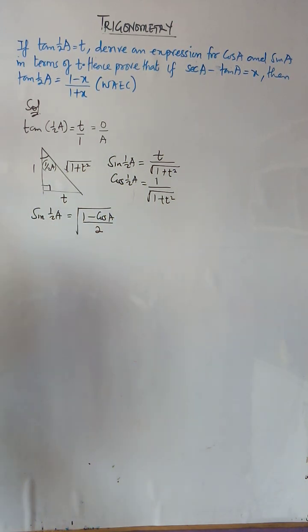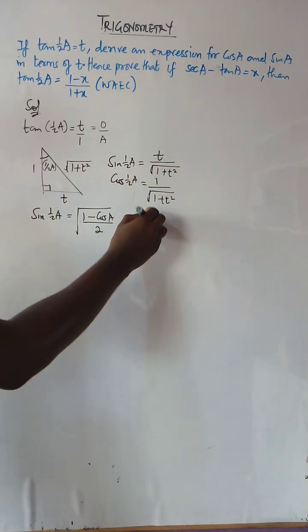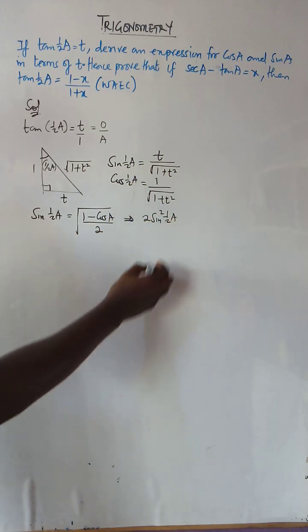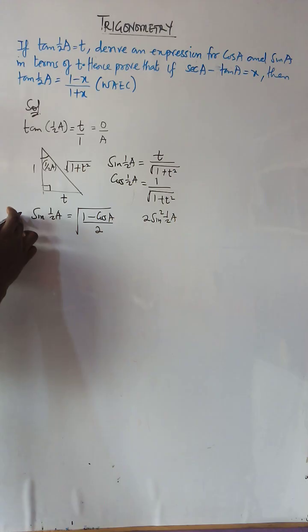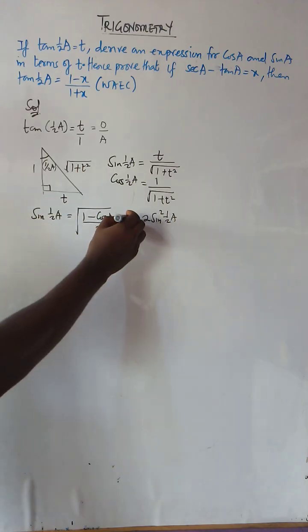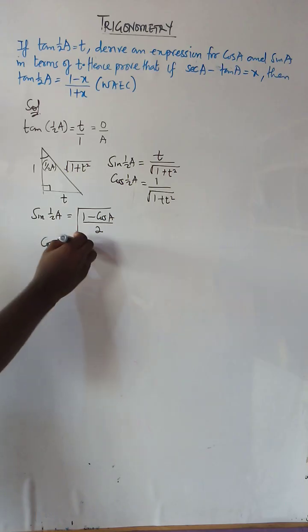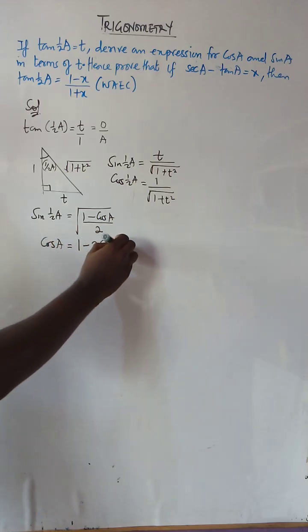From here we can get cos A. Squaring it, you bring the 2 over, so sine squared half of A equals (1 minus cos A) over 2. If you make cos A the subject, cos A becomes 1 minus 2 sine squared half of A.